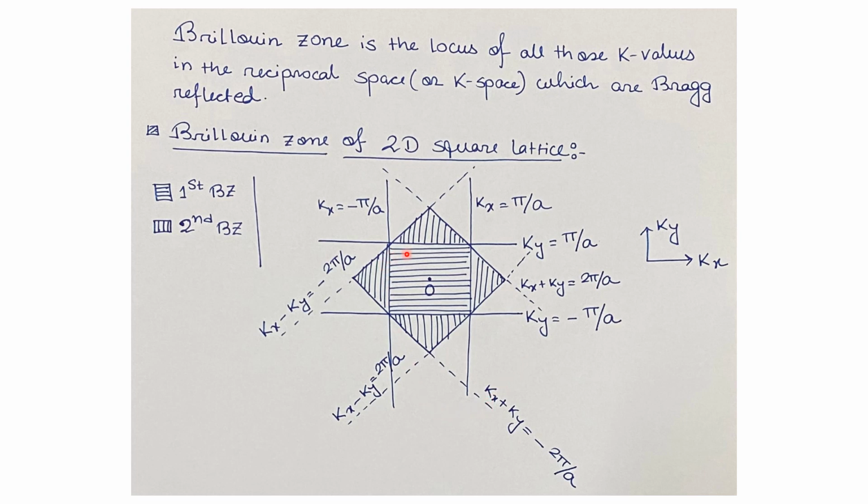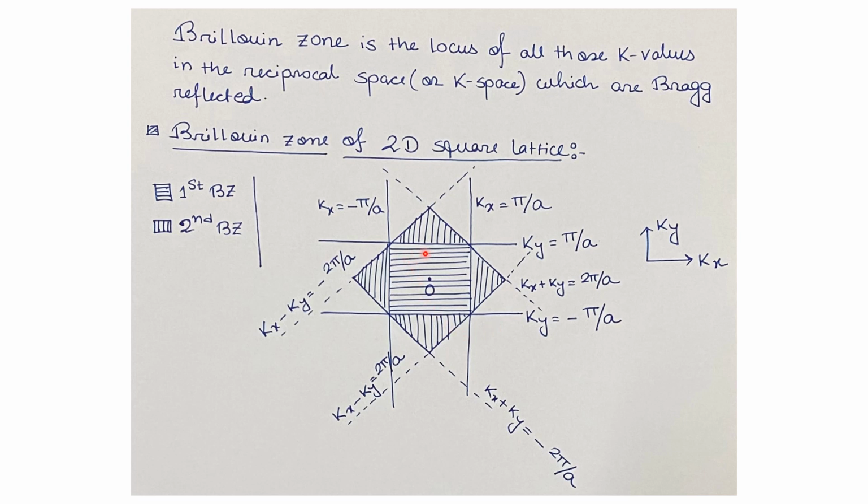You can see here a square region which is shaded by the horizontal lines, and origin is at the middle of the square. This square region is basically bounded by 4 straight lines. Those are kx equals to minus pi by a, kx equals to pi by a, ky equals to pi by a, and ky equals to minus pi by a.